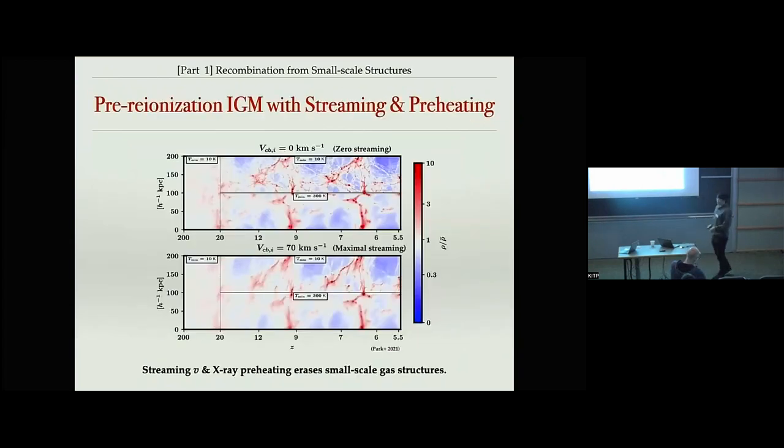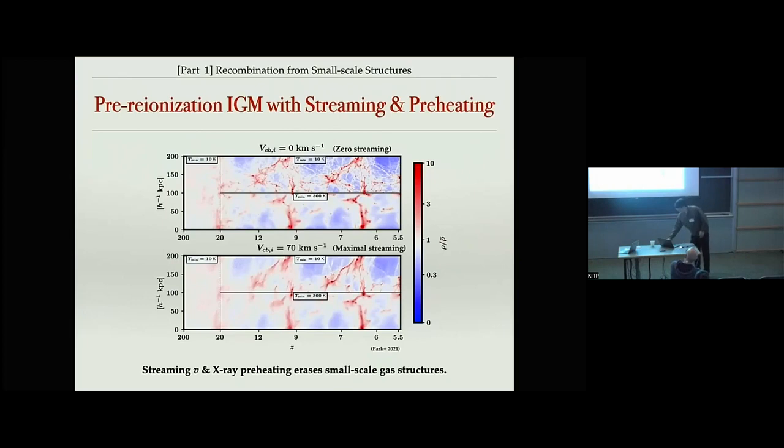And for the X-ray preheating, I just mimic the effect by raising the temperature floor of the gas particles after redshift 20. So now you're seeing 4 different cases spanned by these 2 parameters. You can see when I increase the stream velocity or increase the minimum temperature, you get fewer filaments, which is expected.